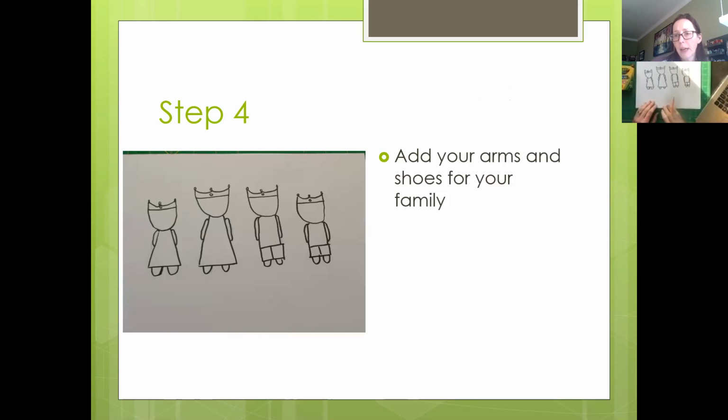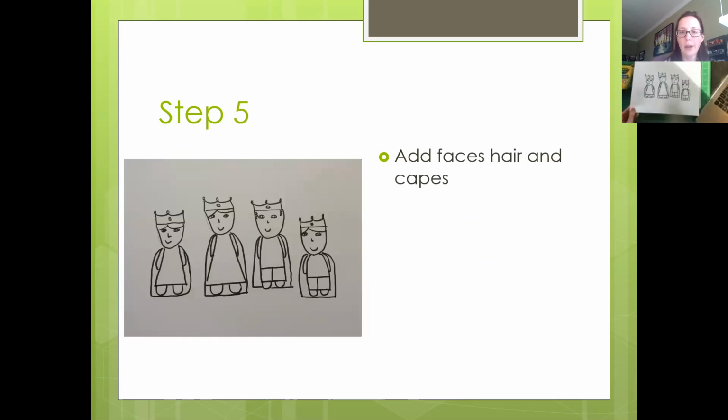And if I'm going too fast, please pause the video, take your time. Okay. After you do your arms and your legs, you want to add your faces, hair, and capes.